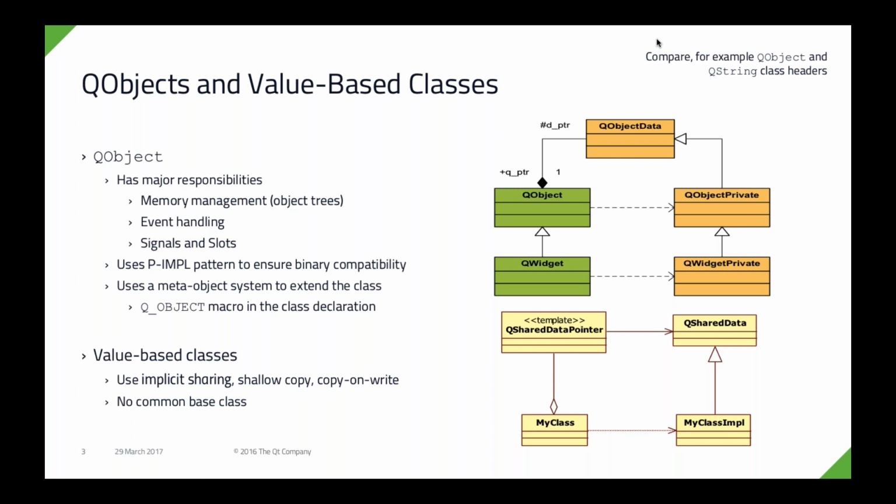It's a private implementation pattern, and that's there to ensure binary compatibility between different versions of the Qt framework, and you will see some of that perhaps while we're looking through the code. This isn't something you really need to worry about at starter level, but it's good to know it's there. If you ever look through the source code, you'll see it.